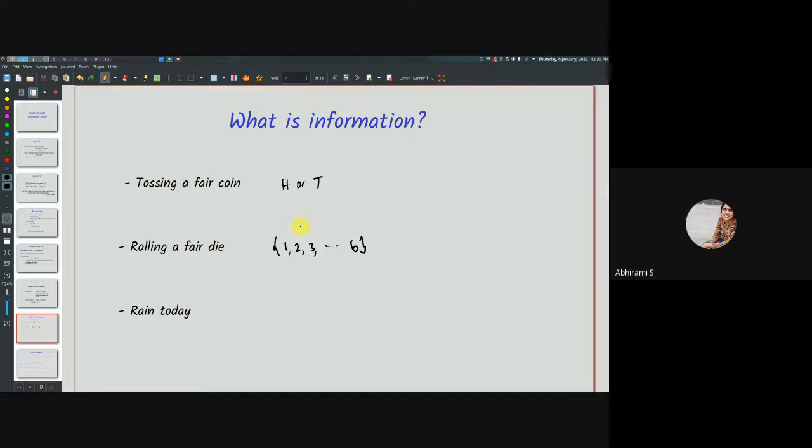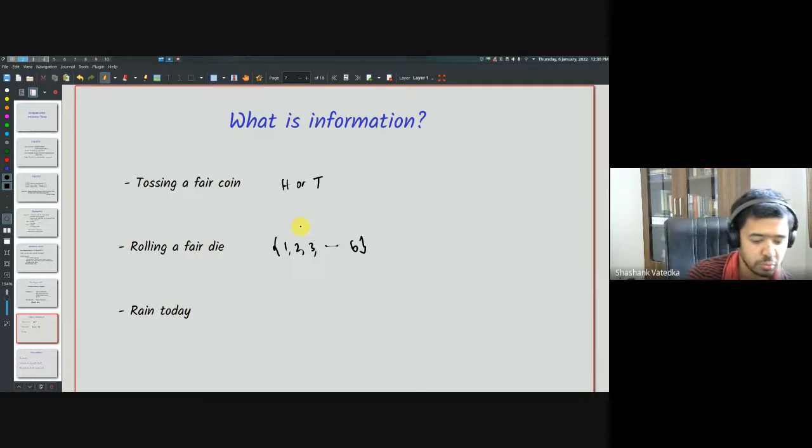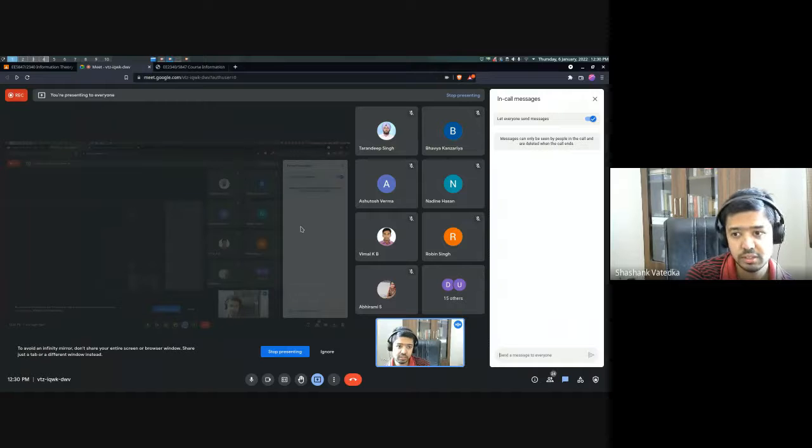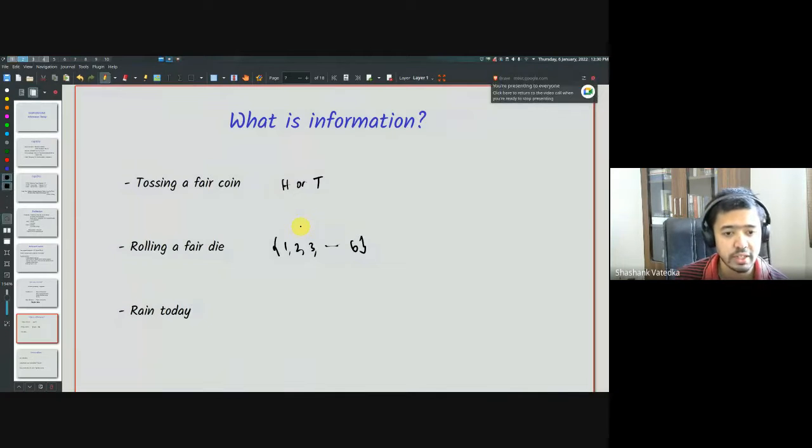In a die, the outcome is more diverse, there's more variety, so maybe it's more informative. Okay, so this is one answer, and that is that the fair die gives you more information than tossing a fair coin. Any other answers?